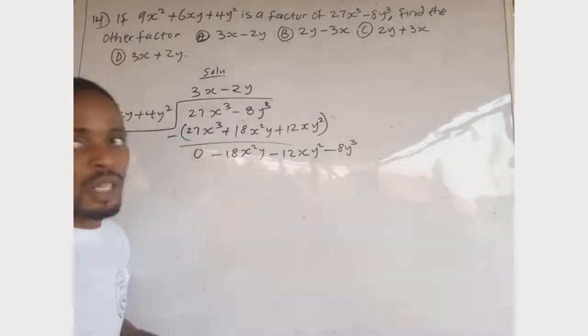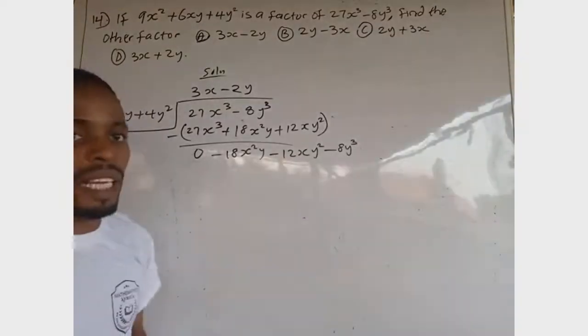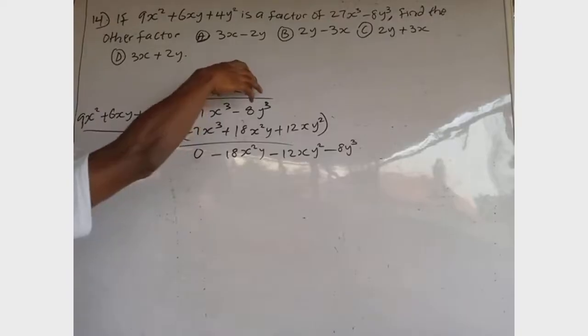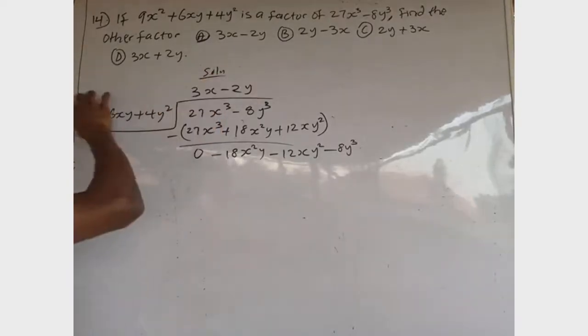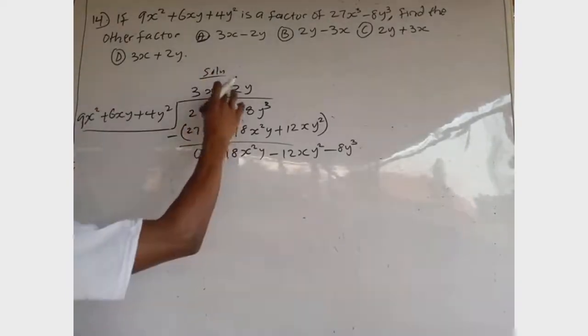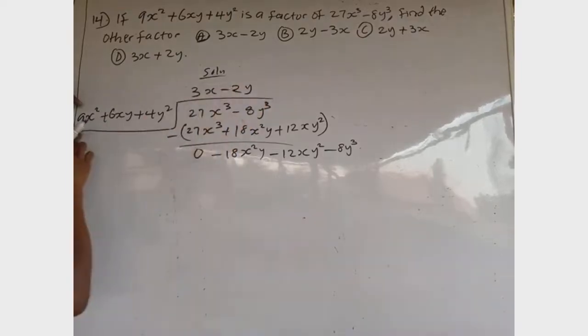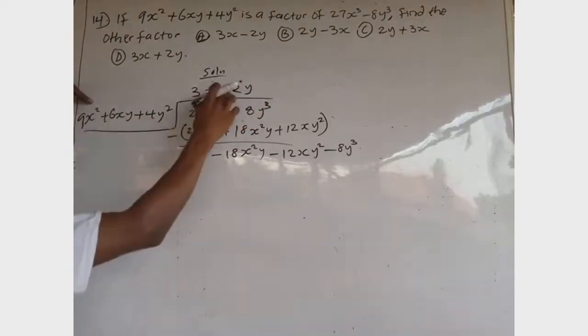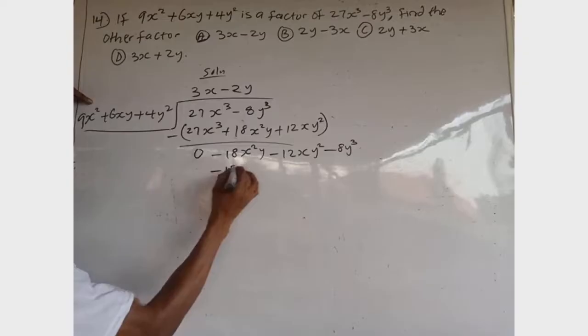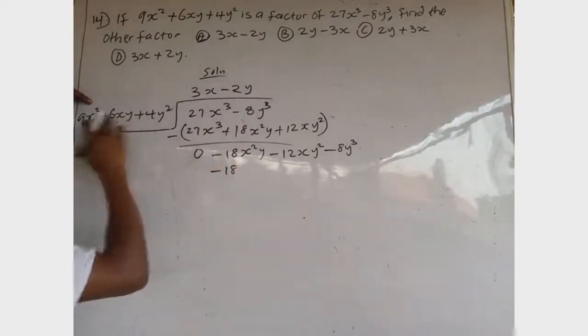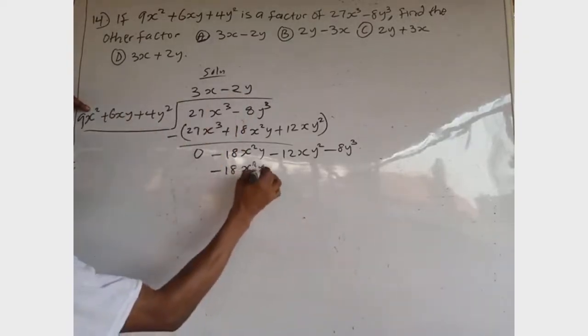So the next thing to do now is to find the remainder again. To get the remainder, you use the answer you get here to multiply all this. Minus 2y multiplied by 9s squared, that gives us minus 2 times 9, minus 18. y times this, we have s squared y.